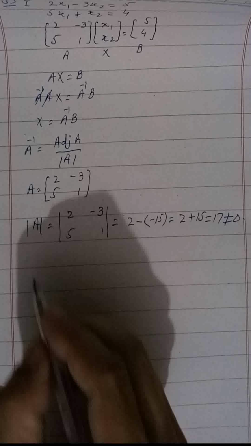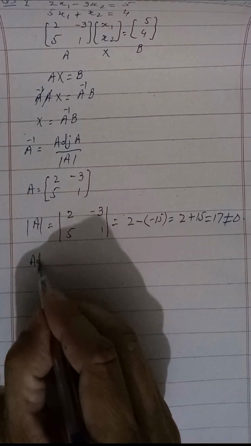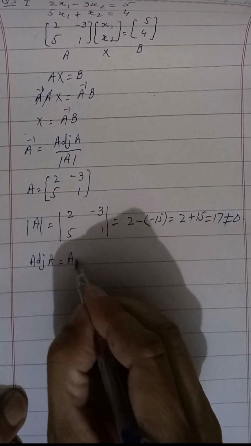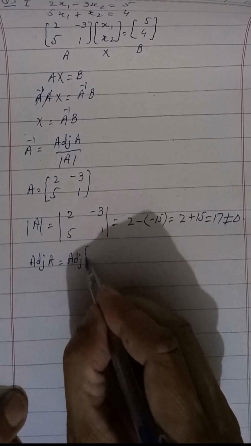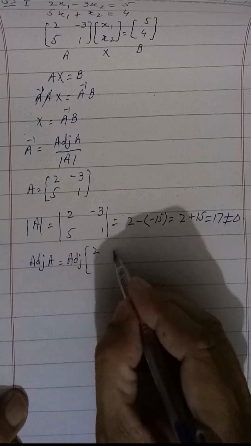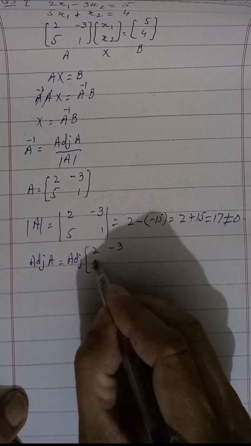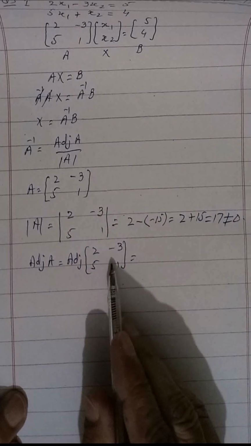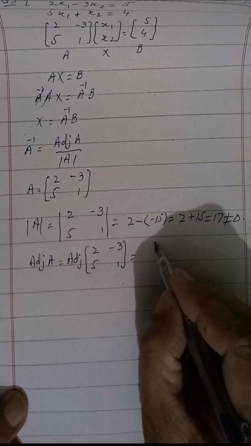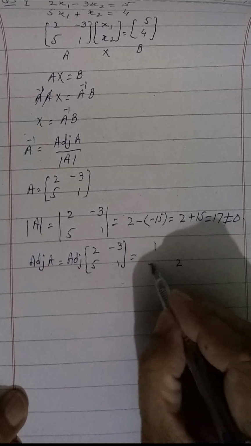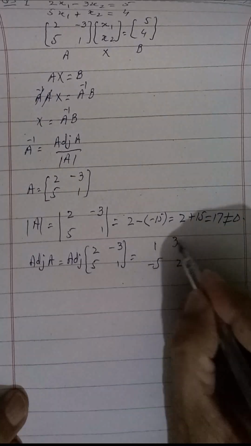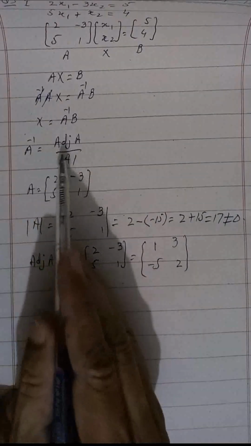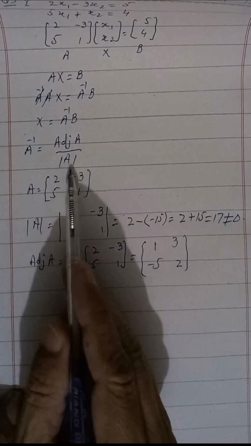Now we find the adjoint of A. Adjoint A, where A is [2, -3; 5, 1]. Applying the adjoint to the matrix, we get [1, 3; -5, 2]. Now put in the formula A inverse is equal to adjoint A over A determinant.